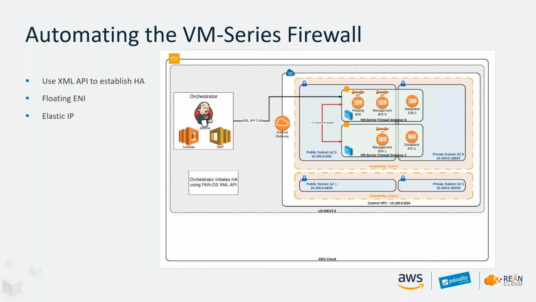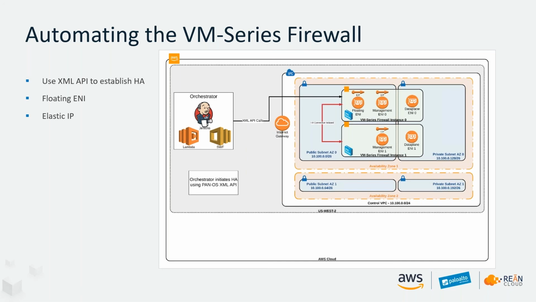And so here again, we leveraged the orchestrator, leveraged Jenkins, and part of what it did, actually I jumped a step forward there before I should have. The next step here was actually to leverage Jenkins to configure the HA on those VM series.